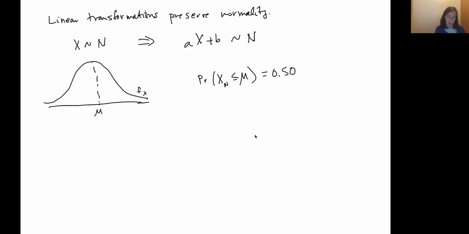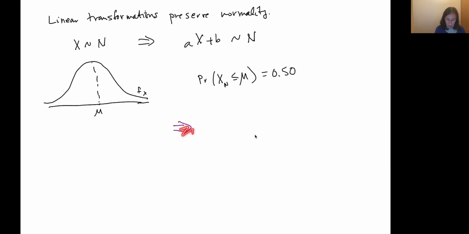All right. And what the business about linear transformations preserving normality means is that if we apply a linear transformation like this to X, I'll do it on the same chart.